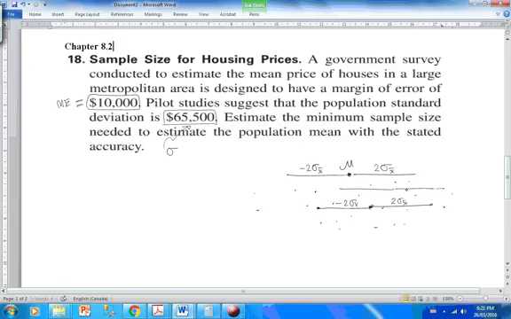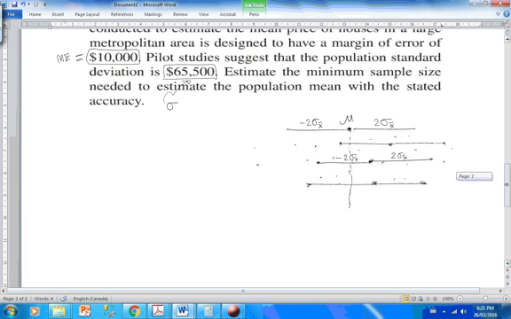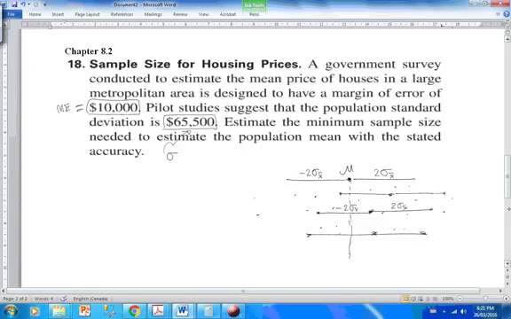All of these possible x bars will contain this true population mean within their plus minus 2 sigma distance. So if we randomly pick any of these possible x bars, we are 95% sure that within plus minus 2 sigma x bar of that particular sample mean, we will have our true population mean.